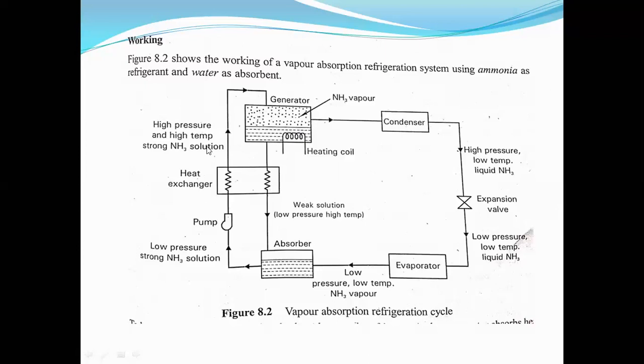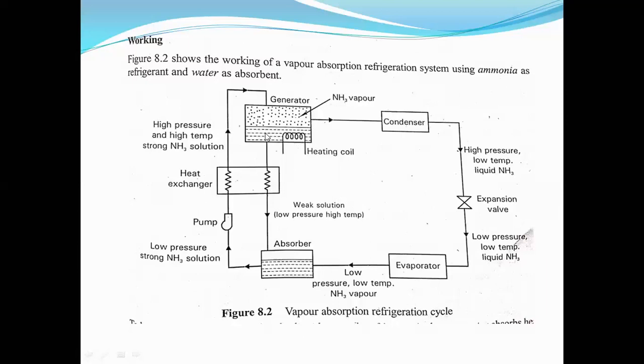So when the high pressure and high temperature strong ammonia solution enters into the generator, the heat is supplied externally. Because of the heat supplied, the ammonia vapor floats on the surface, and the remaining water leaves at the bottom.